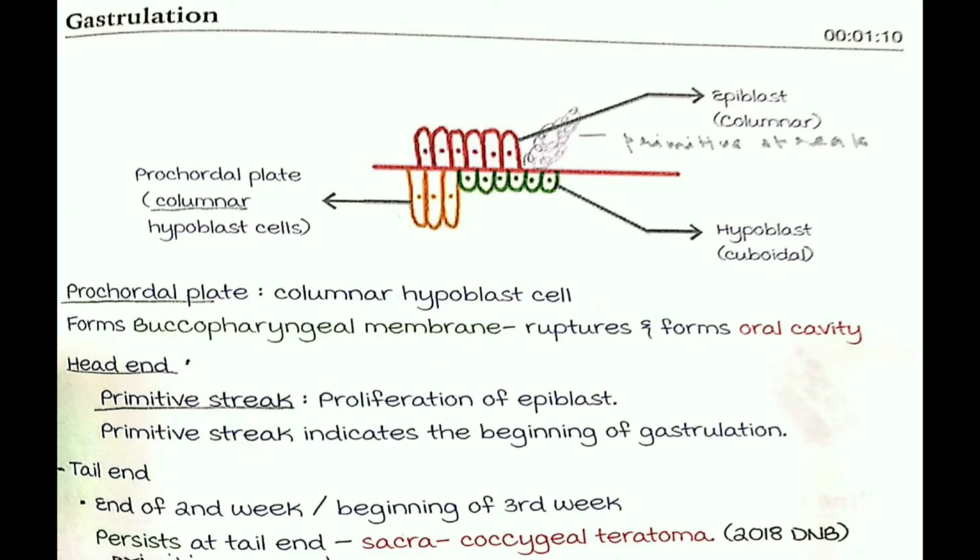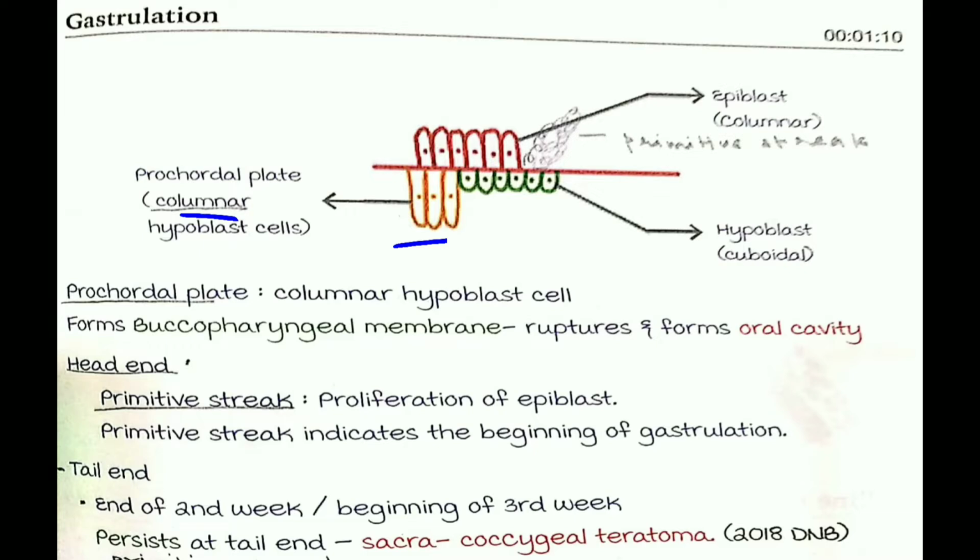So in gastrulation, first of all let's see the diagram. Here the red colored cells are epiblast cells, which are columnar, and these are hypoblast cells, which are cuboidal. Some of the hypoblast cells, which we can see in orange, are becoming columnar from cuboidal.